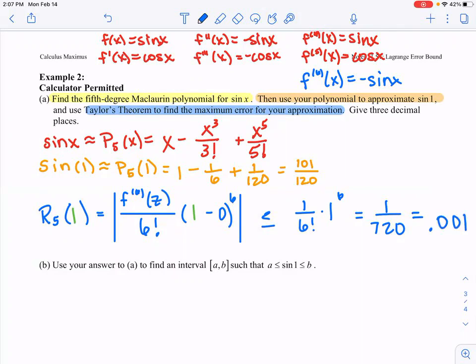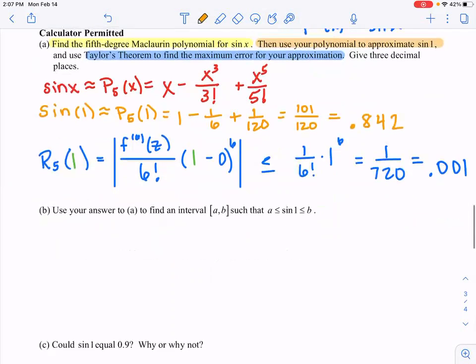Thank you. What is 101 over 120? 842. Okay, so we wrote a Taylor polynomial centered at 0. And then we stepped away from 0 and we plugged in 1 to our polynomial centered at 0.